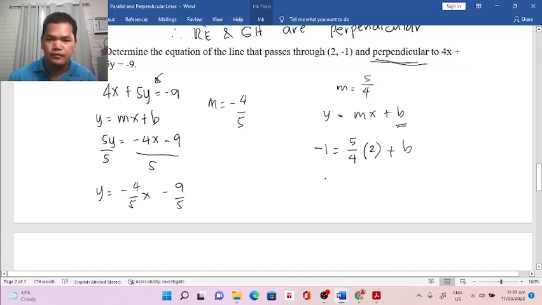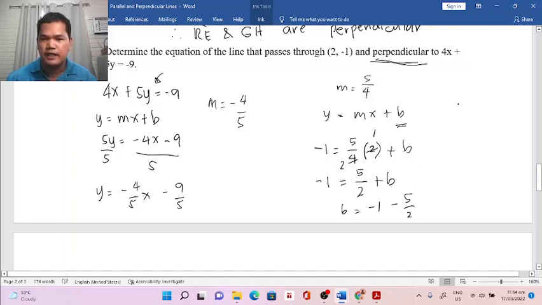So we will have -1 equals, this is 1 and this is 2, so 5/2 plus b. So b is equal to -1 minus 5/2.